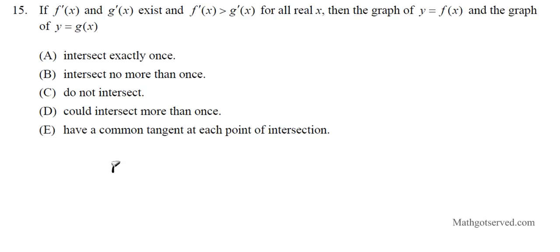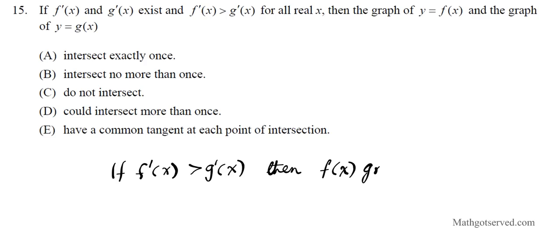So if f prime, the slope of f of x, is greater than g prime of x for all x's, this means then that f of x goes faster than g of x. Okay, f of x is going faster. That's what this means.